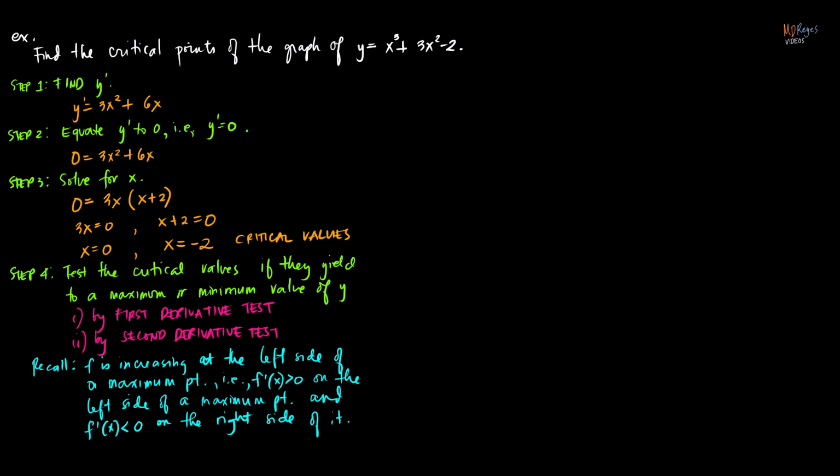So in the first derivative test, we just have to check the change in the sign of f prime of x as x passes through the critical value. So by the first derivative test, we'll test x equals 0 first, and then later on we'll test x equals negative 2 also. So we'll have to check the sign of f prime as x passes through 0.